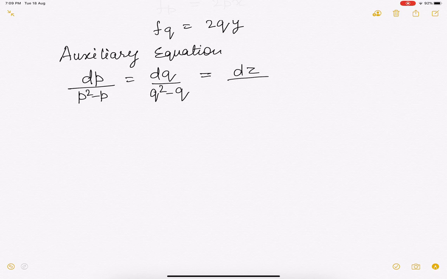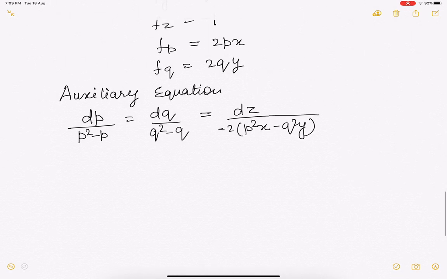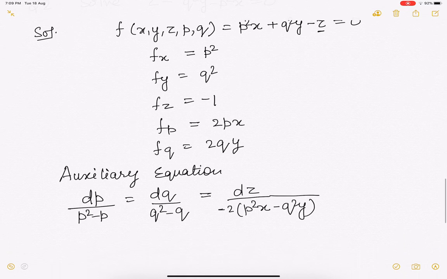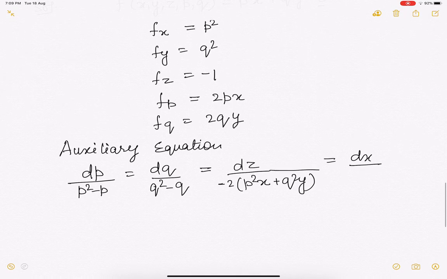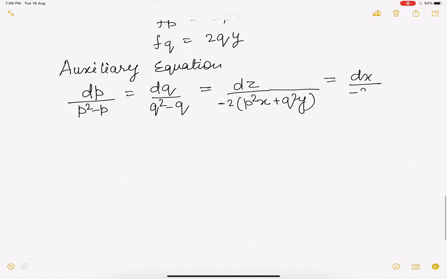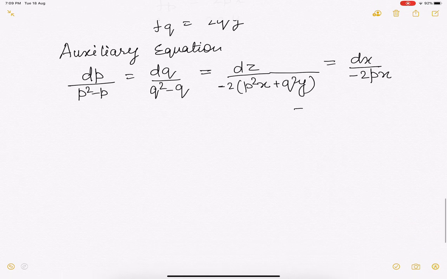Now what is dz? dz will be minus 2 p square x minus q square y, because we have minus p fp minus q fq. Then dx upon minus 2px, because it is the negation of fp, and dy upon minus 2qy.